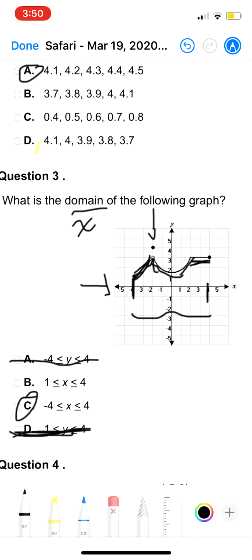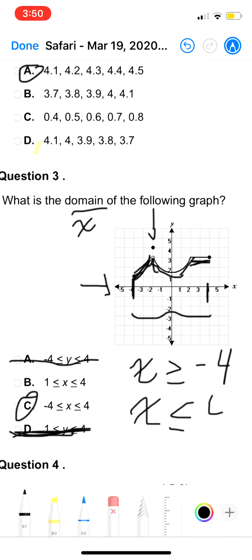Now it says that x is in the middle. That just means that x spans from -4 all the way to +4. If I were to break this apart and put x on both sides, you see how the inequality is pointing at -4, open towards x. And you see how it's closed towards x, but open up towards +4.